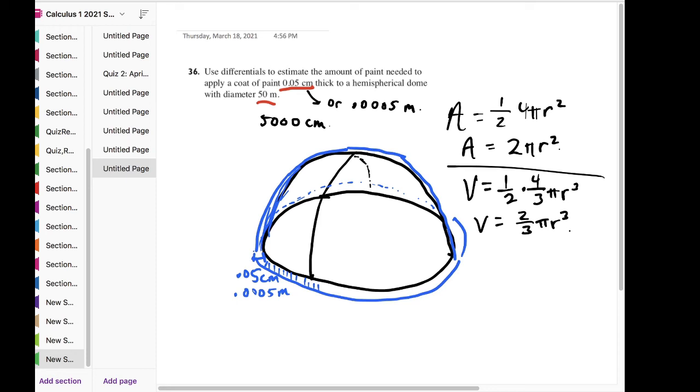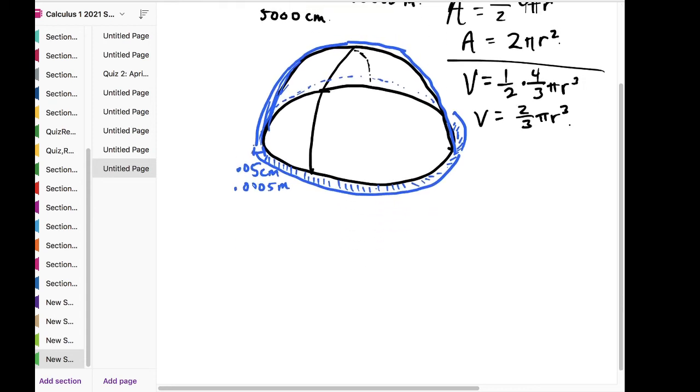I think it's tempting to think it's surface area, because you're painting it, right? And paint is thin. But the idea is paint has a volume to it, right? When you paint something, it's not going to just be perfectly flat. It will have some dimension. So yes, the answer is volume.